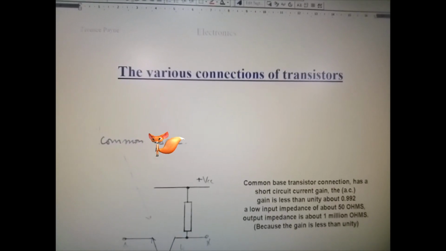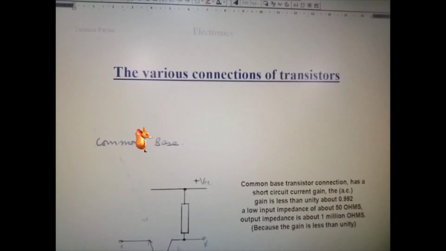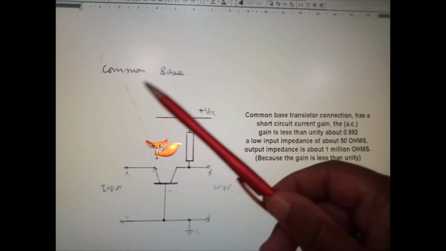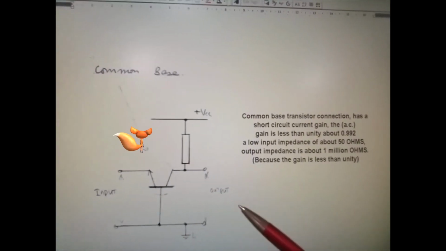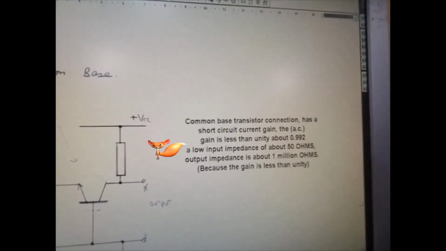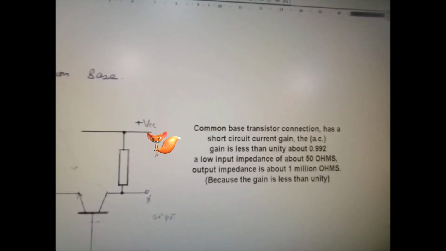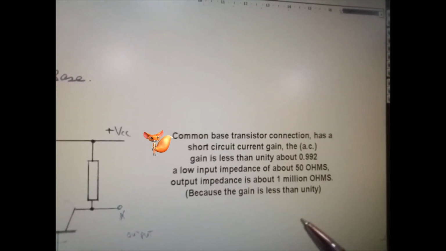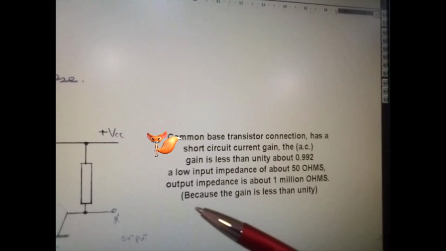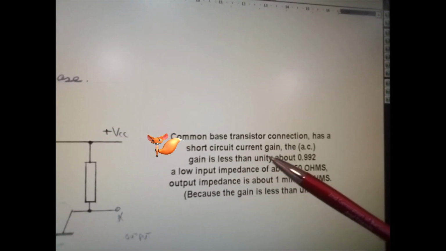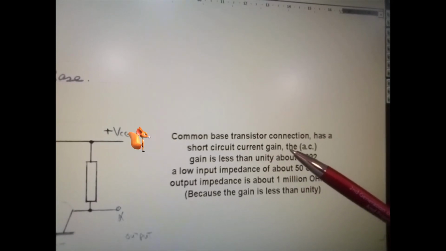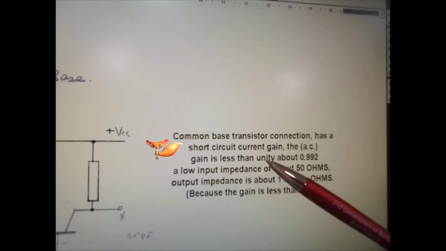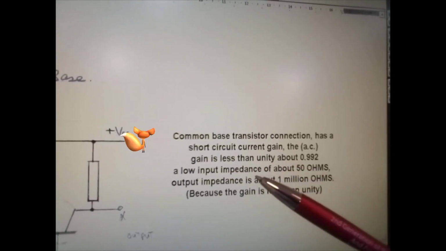Now here I'm looking at the various connections of transistors. Here we have common base. The common base transistor connection has a short circuit current gain, and the gain is less than unity, about 0.992.